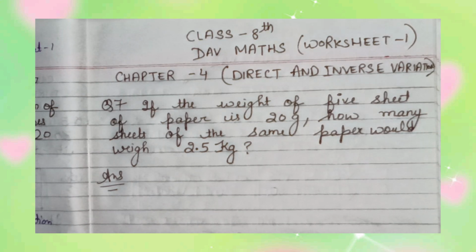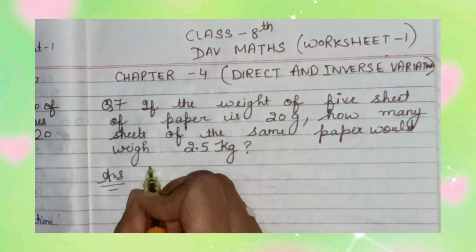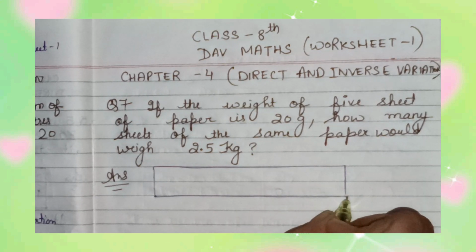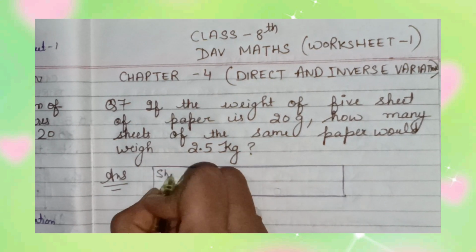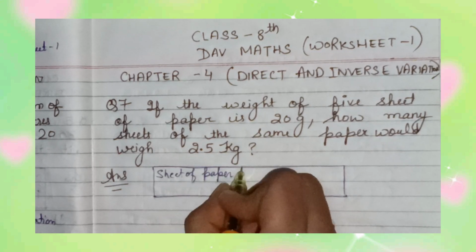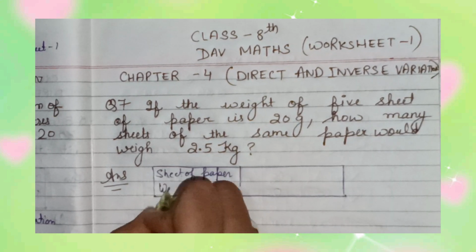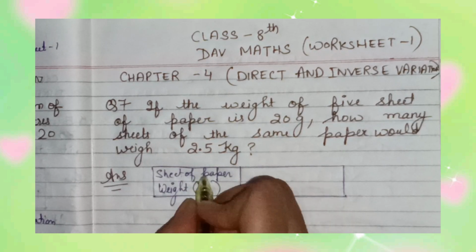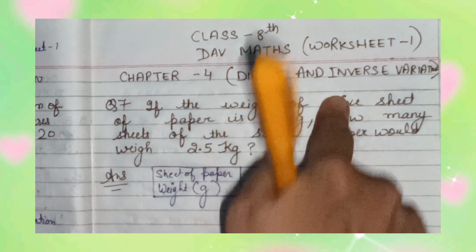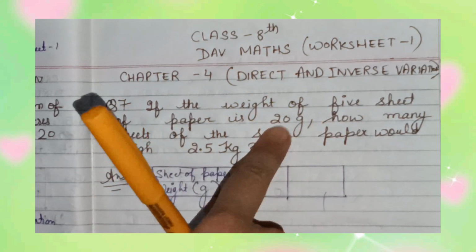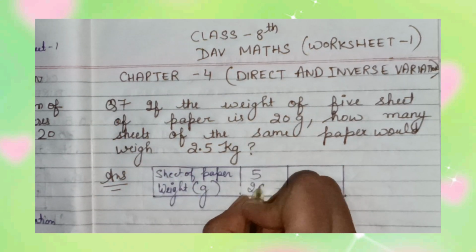Now I make a table for this question. In the first column I write sheets of paper and in the second column weight in gram. There are 5 sheets of paper whose weight is 20 gram.